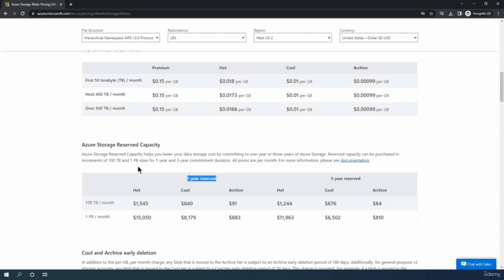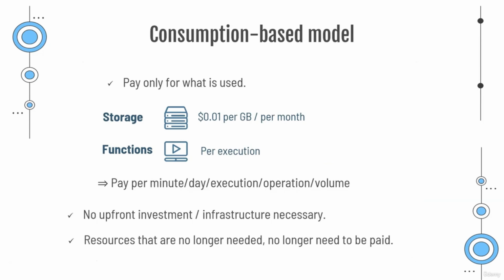So it's a way also for us to save on cost, to reserve the capacity. But the standard is the consumption model. And later on, we'll anyways talk a bit more about cost-saving options. For now, we have learned about the consumption-based model.